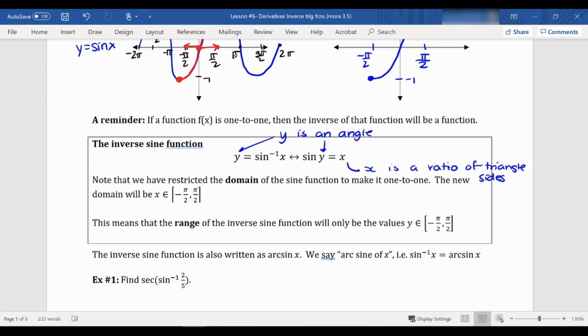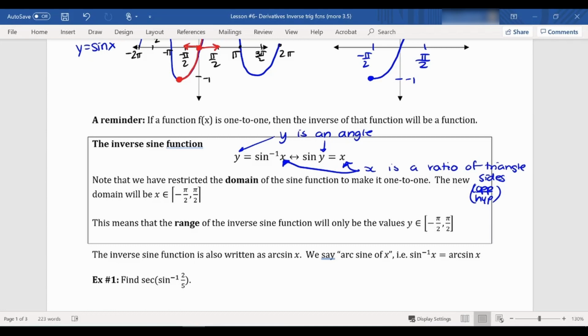For sine specifically, that's opposite over hypotenuse. So the x and the y in these two equations are the same x and y as each other; it's just written in a different form. Now that we have restricted the domain, this would be our new domain, and this means that the inverse sine is also a function.